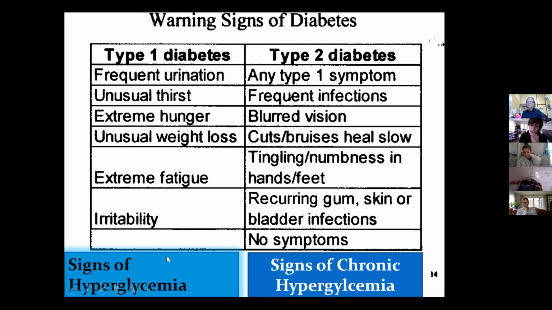Type 1 diabetics have to manage their diabetes. Type 2 diabetics either don't know they're diabetic, many of them, or by the time they find out they're diabetic, a good bit of damage has already been done. So people tend to think of type 1 diabetes as the real serious diabetes, but in terms of overall damage, type 2 probably is the more serious. It just doesn't get credit for it.